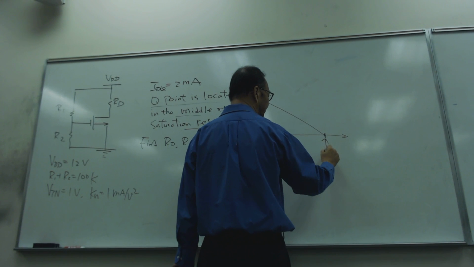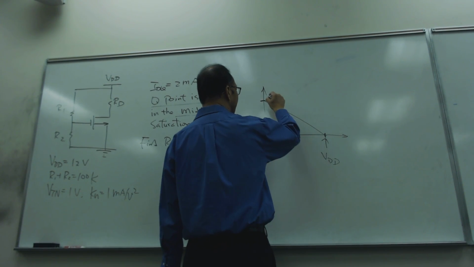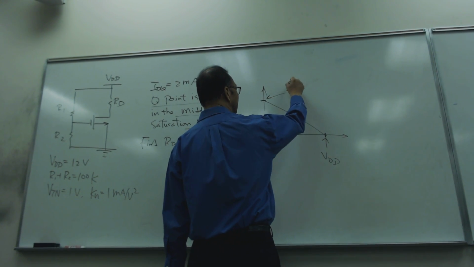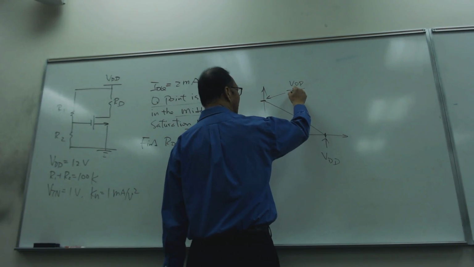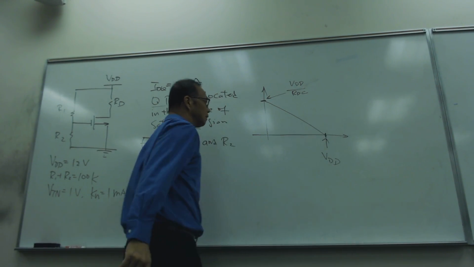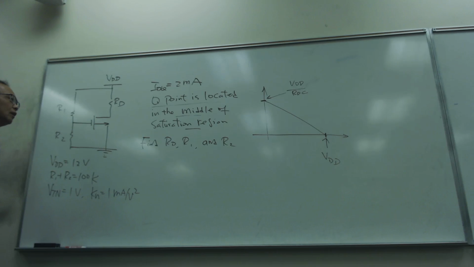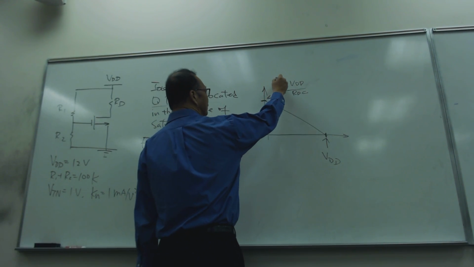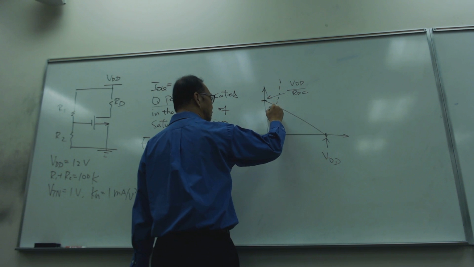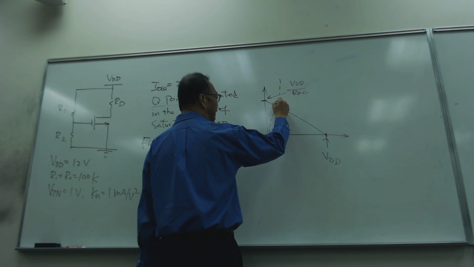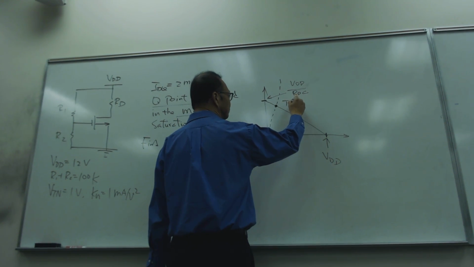So this is always VDD, correct? And this is always VDD over RD. And then there's a locus, right? And that is the P point, yes?